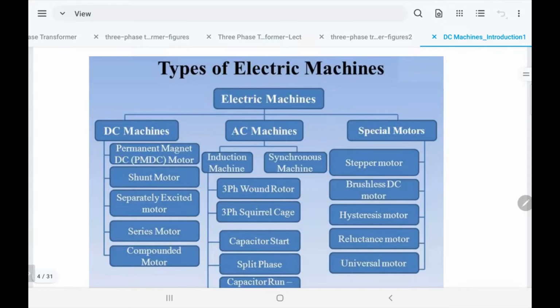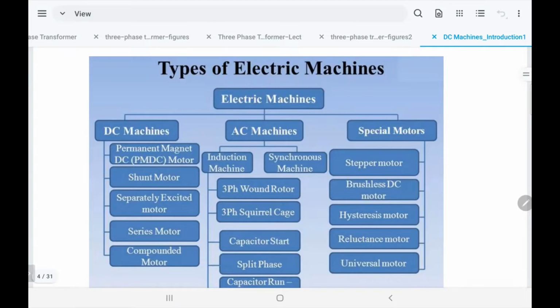And then we have the special motors like the stepper motor. Stepper motors are usually used with robots, like the gripper, the little things. And the brushless DC motor is a kind of synchronous motor, but using a control system to make it operate as a DC motor.